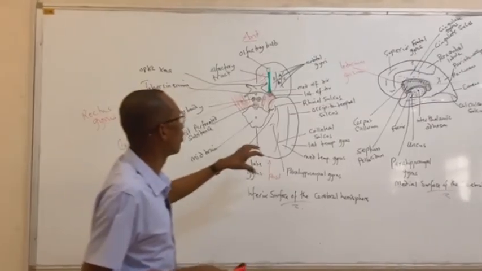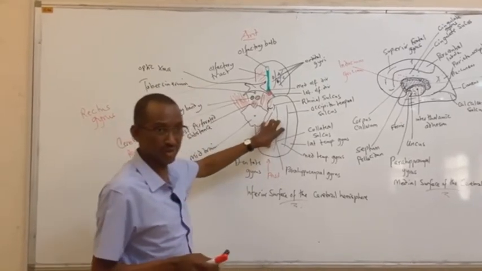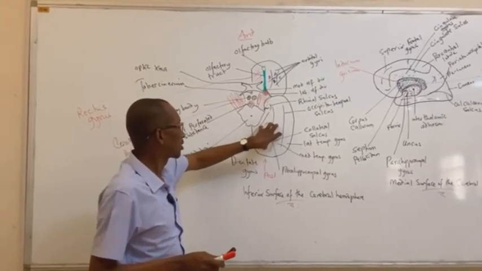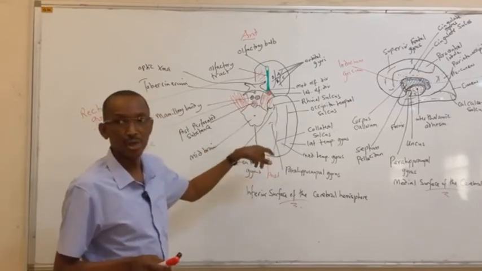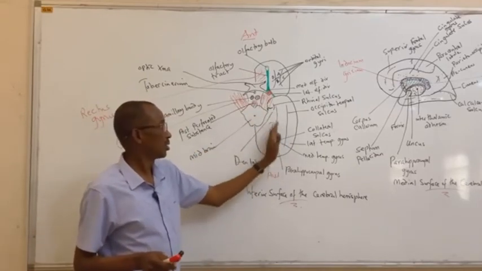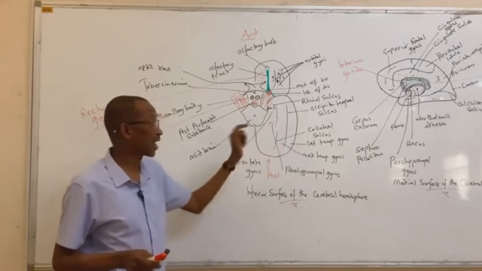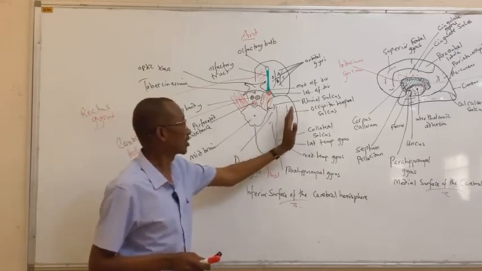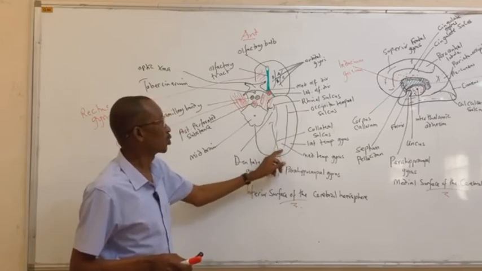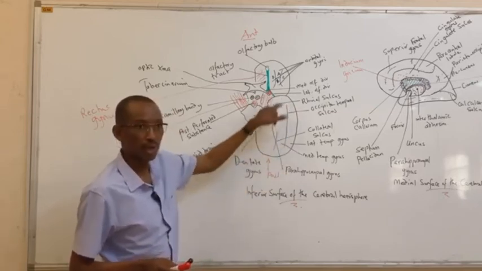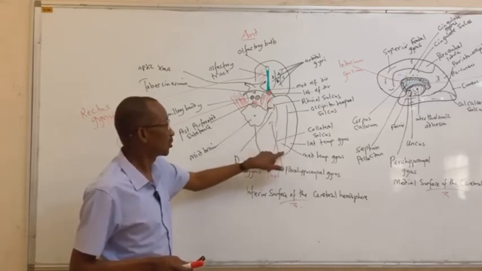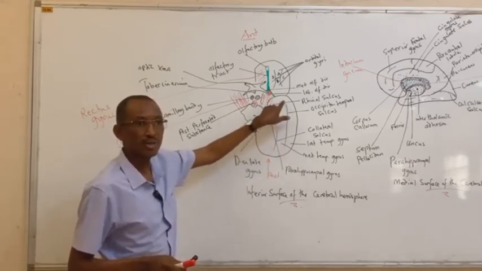When you now come to the tentorial surface, if you look at it, it is demarcated by two important sulci. The first one, on the lateral side, is what we call the occipito-temporal sulcus, from the occipital lobe down to the temporal lobe.